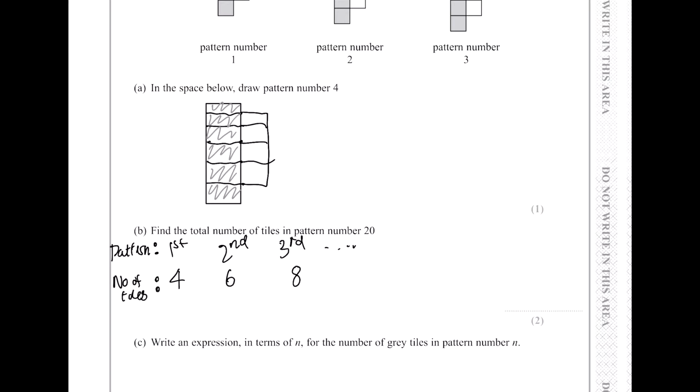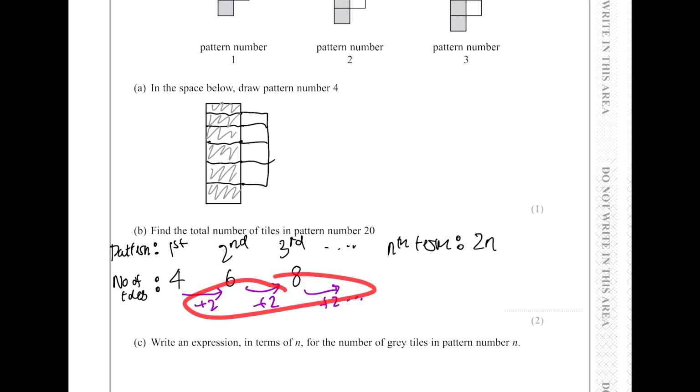So what we can see is we can find the nth term, it's going up in 2s. And if it's going up in 2s, then we know that the nth term for this should be 2n, which comes from this difference. But then because it's offset from 2n, we need to add 2 to that.